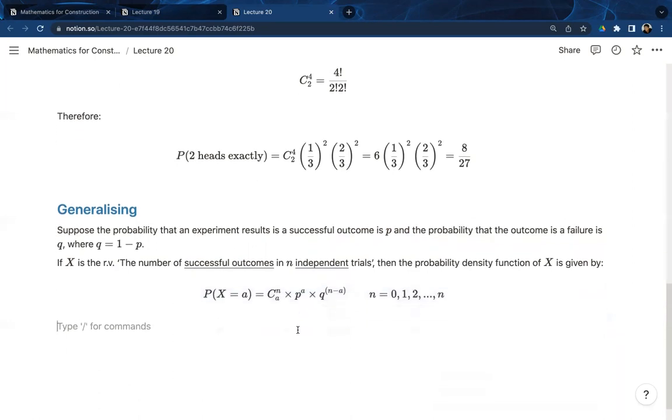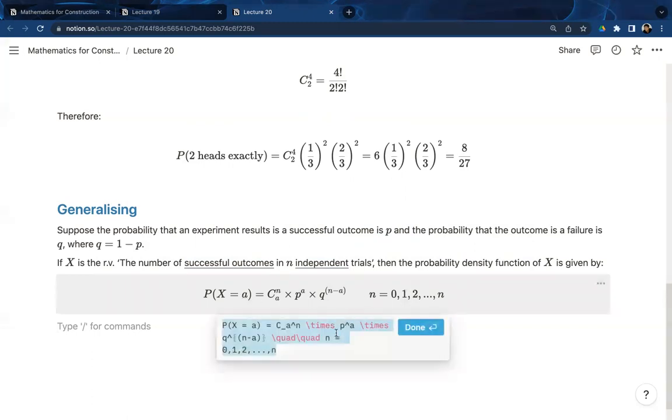Okay. So n choose A, times the probability of a success to the power A, times the probability of a failure to the power n minus A. And this formula is true for different values of A. A is the value that X can have.